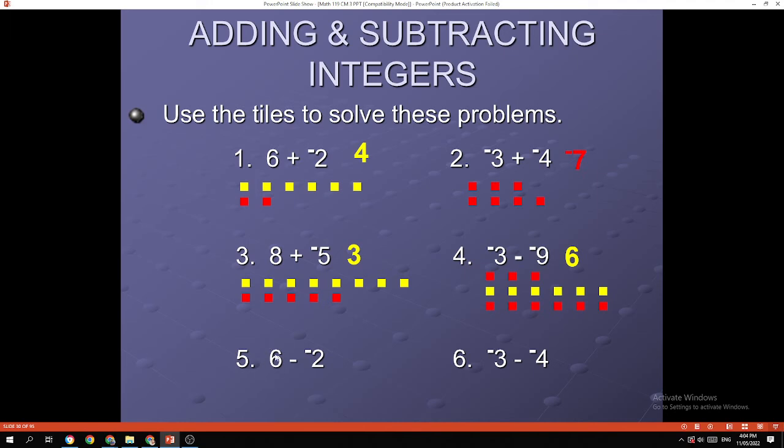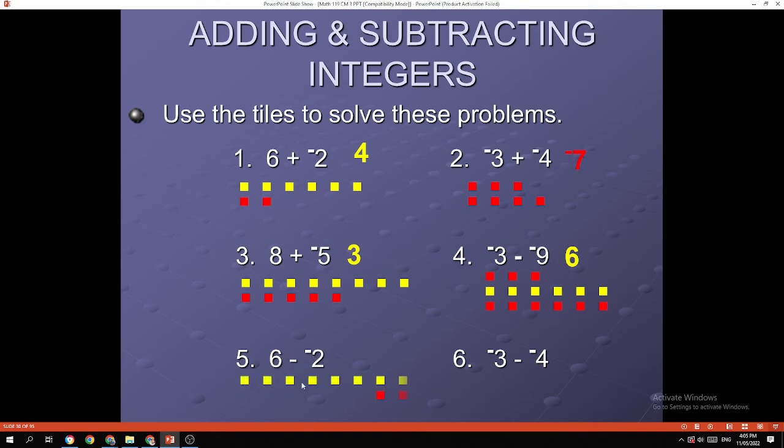6, right? So I'll start with 6 kabuok. Nya human, magtangtang ko og -2. Nya sir, ang 6 diha sir kay yellow man na sir. O pila kabuok ipuno nga 0 pairs? Duha. Kay para na ako'y duha ka red. Look at this one.